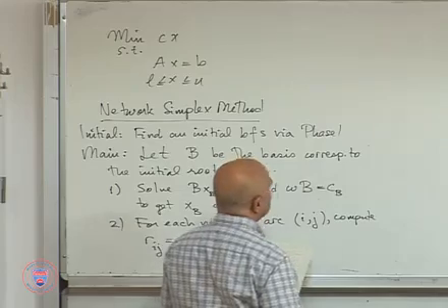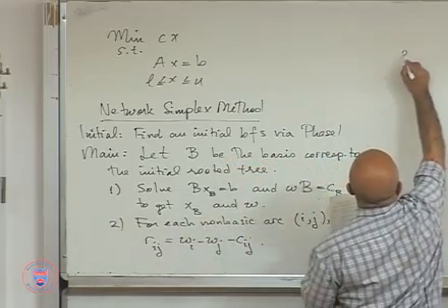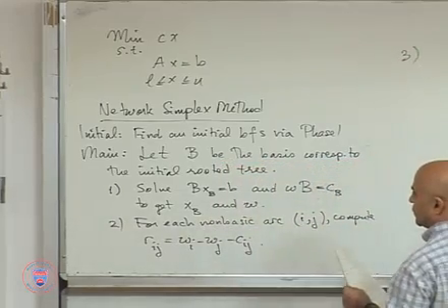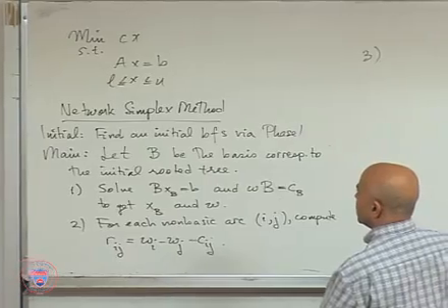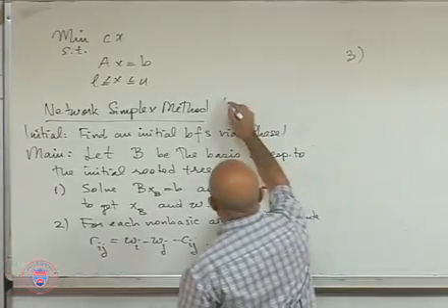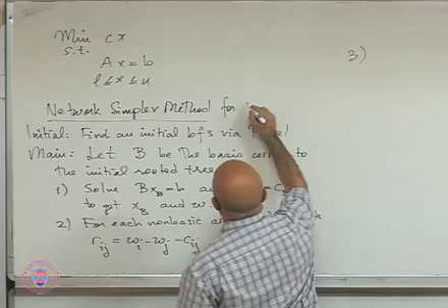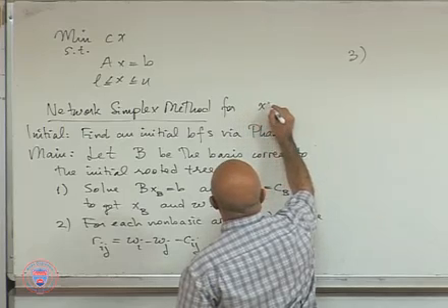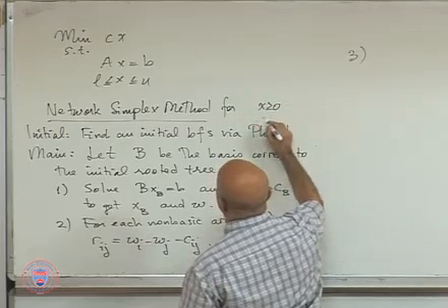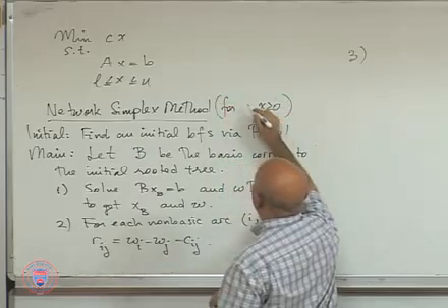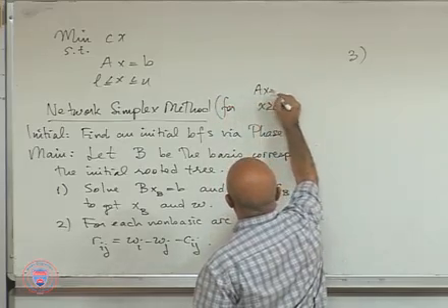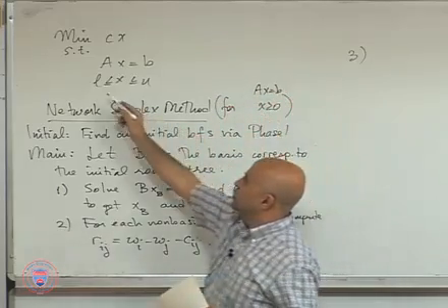Okay. Let me continue here. This is for the case x is simply greater than or equal to 0 and Ax equals b, rather than for the more general case.